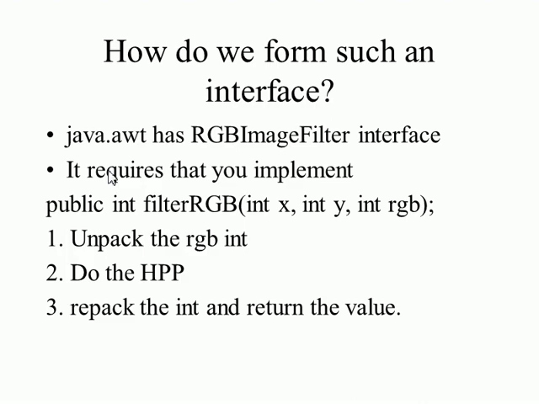Green is going to be bits, let's say 0 through 7 is the least significant 8 bits. So bits 8 through, what's the next one up? 16 is going to be the next 8 bits. So you want to get bits 8 through 16. How do you get those bits out of the int? Yeah, shift. Just shift to the right 8 bits, then mask with 0xFF, and now you've got green.